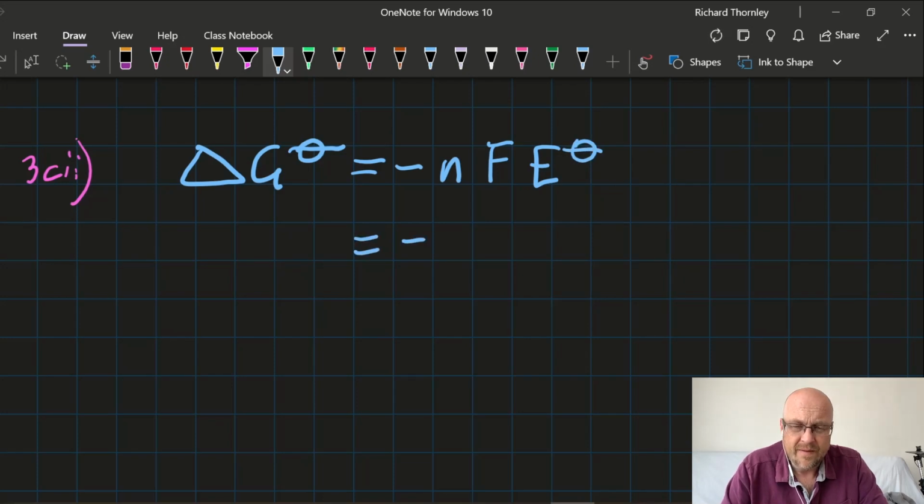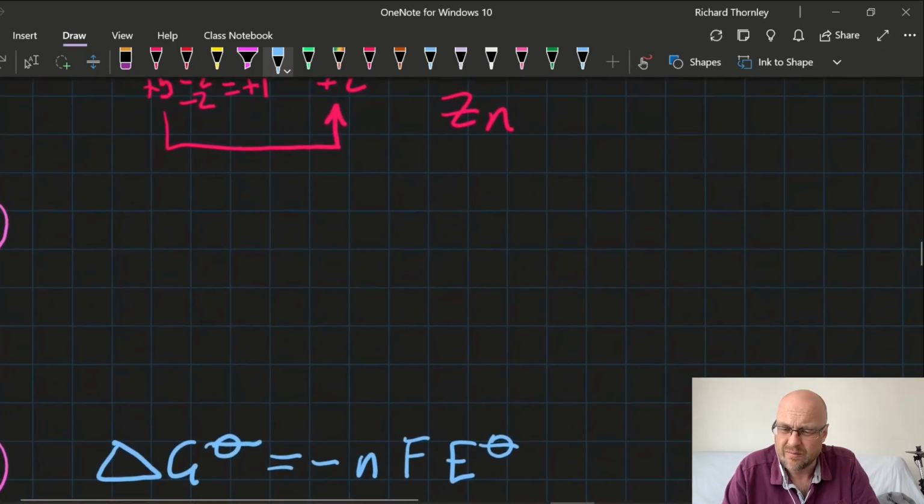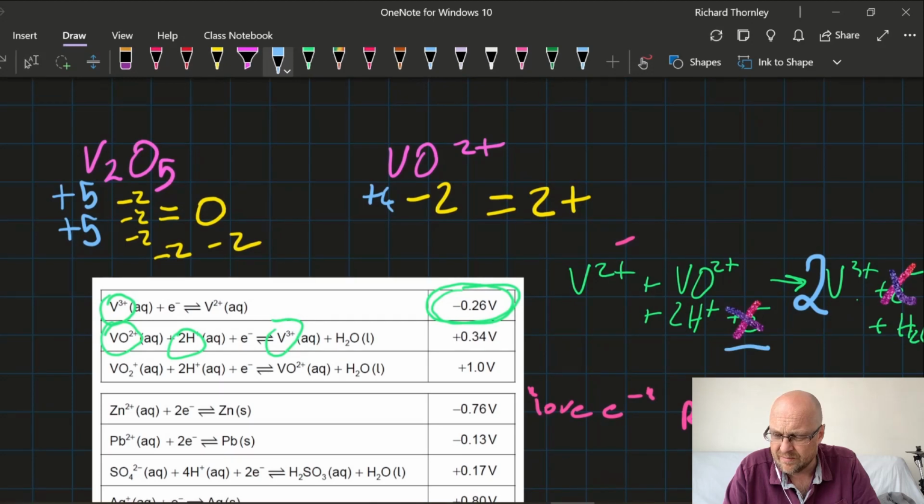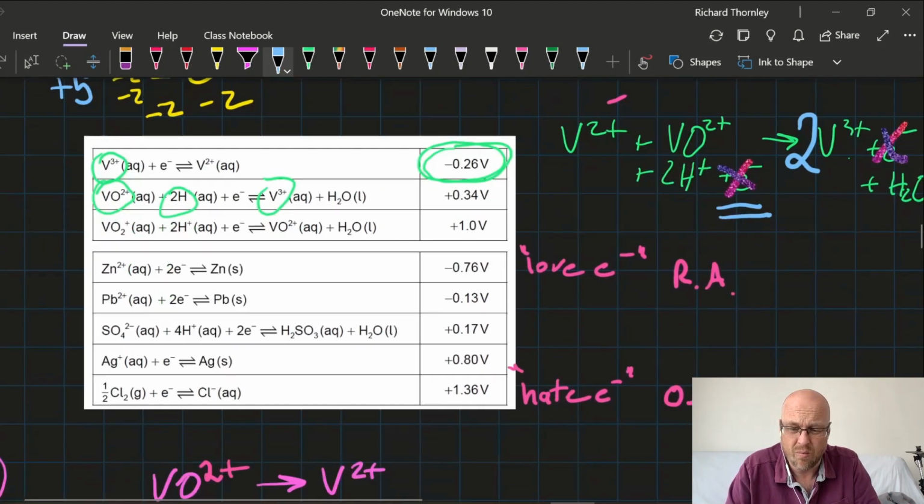So n is the number of electrons that I cancelled out in that equation when I was making it from the two half equations. It turns out I cancelled out one electron from each side. So n is 1.